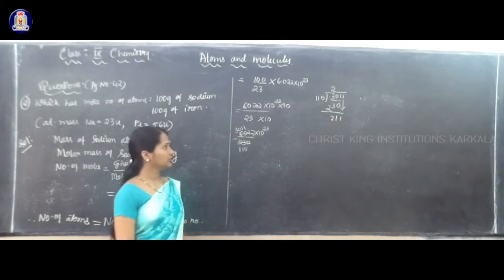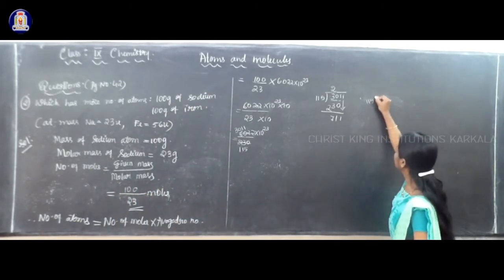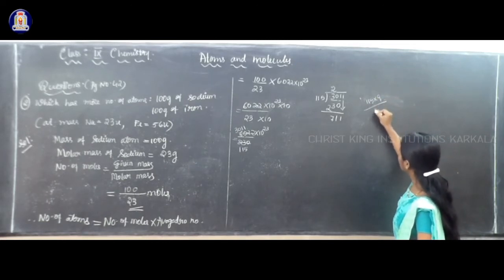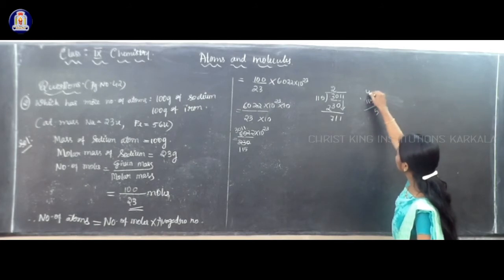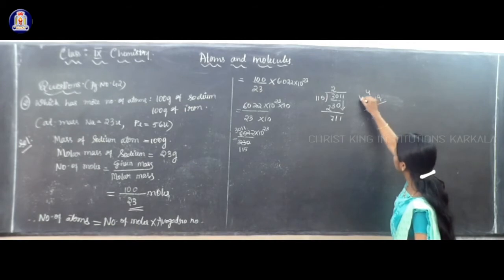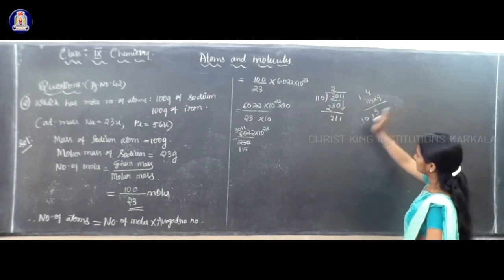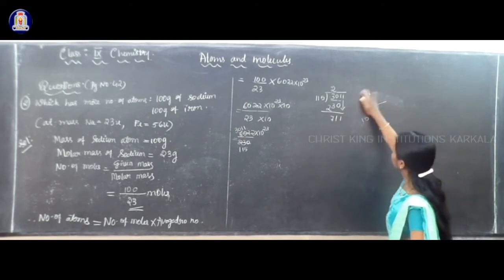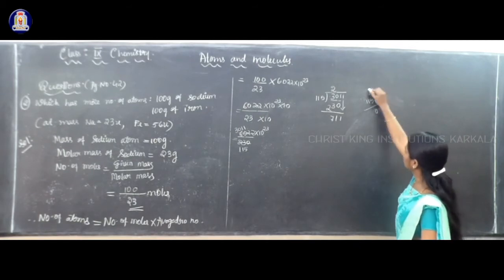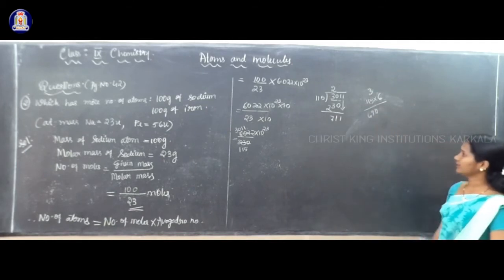711. So 711, maybe 9s are 115 into 9. 9 fives are 45, 4 carry. 9 ones are 9 plus 4, 13, 3 and 1 carry. 9 ones are 9 plus 1, 10. So we count 1035. This is greater than 711, so multiply this by 6. 6 fives are 30, 3 carry. 6 ones are 6 plus 3, 9. 6 ones are 6. 690.